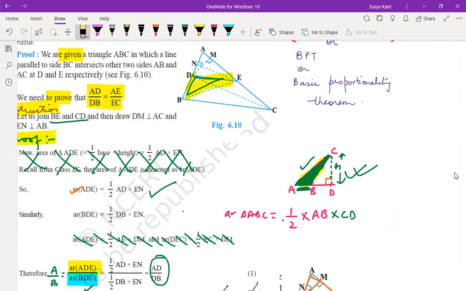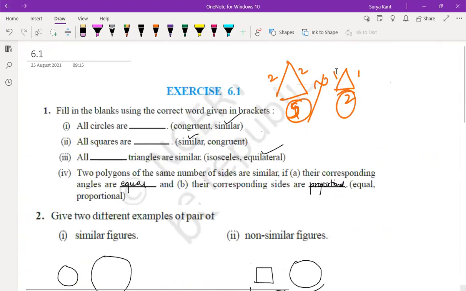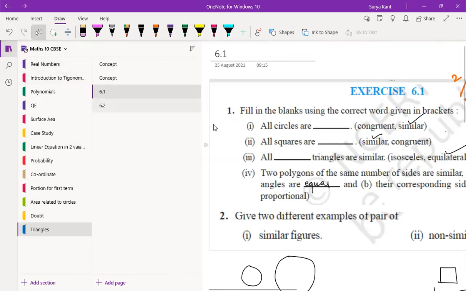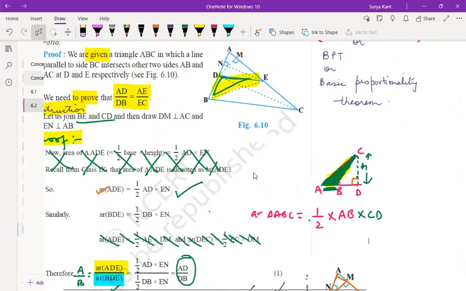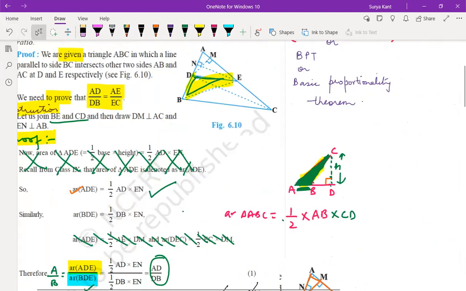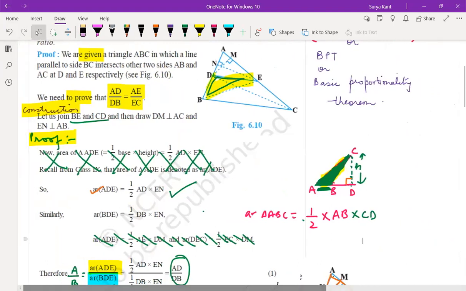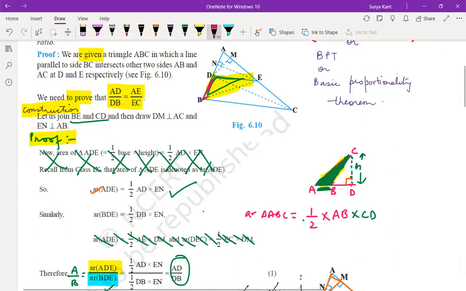Is it clear, children? Is it clear to everyone? This is the concept: this height is not a part of the triangle. But to find the area of this triangle, we have to use it, because this triangle is not physically having any height over here, but this height is coming into the picture.